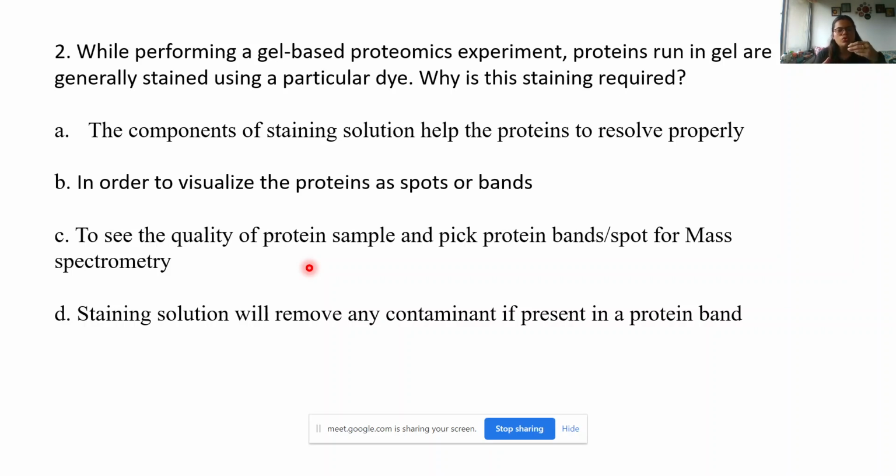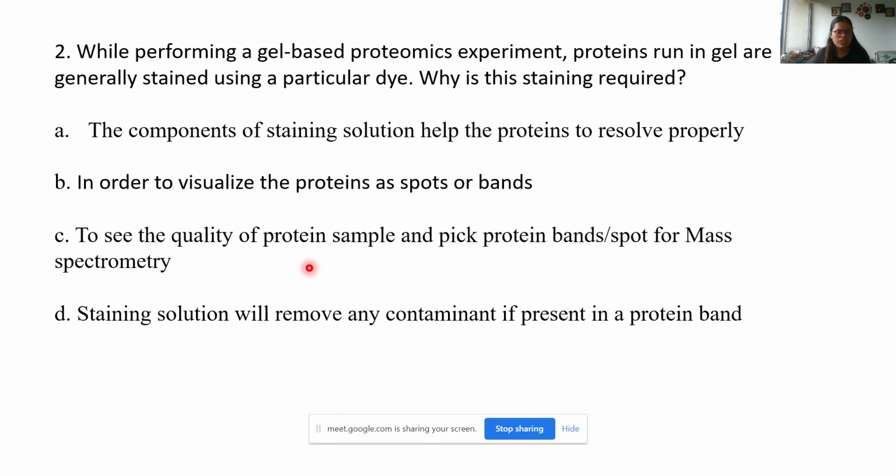Once you are using a staining dye, you will be able to visualize it, and then use that particular spot or band which may be of your interest because it is changing in your test sample compared to a control sample. It could be further used for mass spectrometry based analysis, and you can also see the quality of a protein sample depending upon the staining dye.